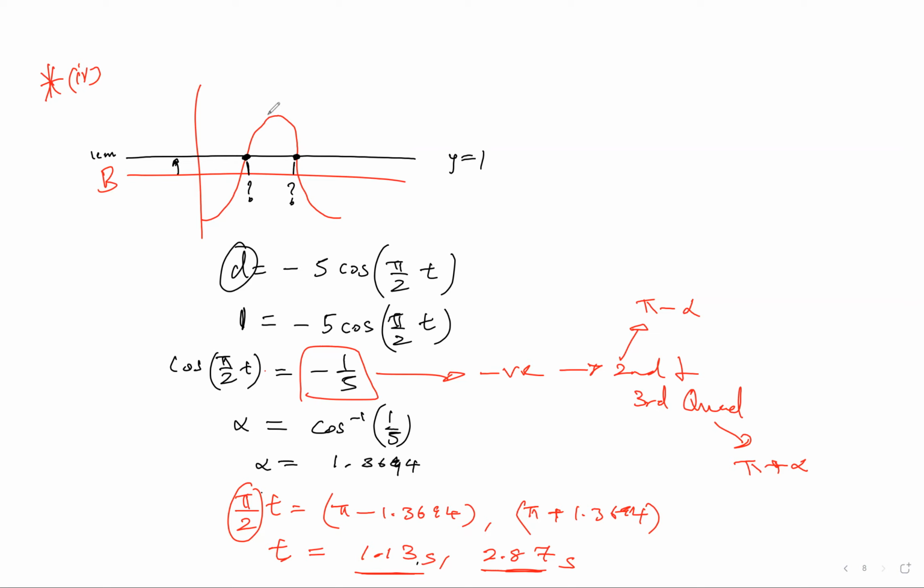So basically, they're asking you for the timing in this area, how long does it stay? You just need to do one more step. What is the one more step? Take 2.87 minus away 1.13. So they might not only ask you for the time, but they want you to find the difference between the two timings. Understand?